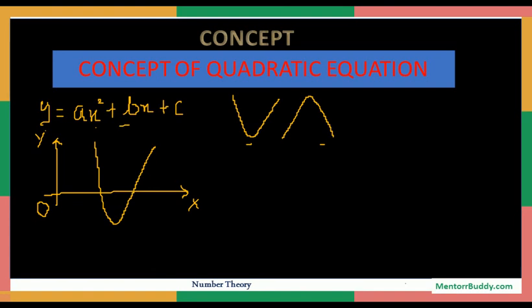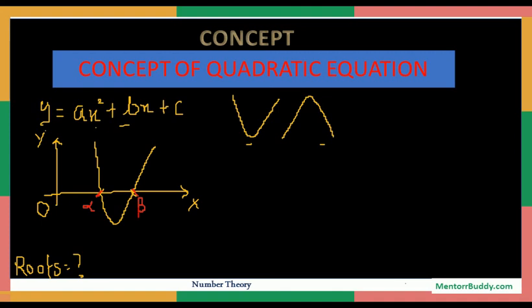Another thing arises here: what are going to be the roots of the equation? So what are roots? Basically, wherever the curve intersects the x-axis, considering these are the 2 points where the curve is intersecting the x-axis, let's represent them by alpha and beta.